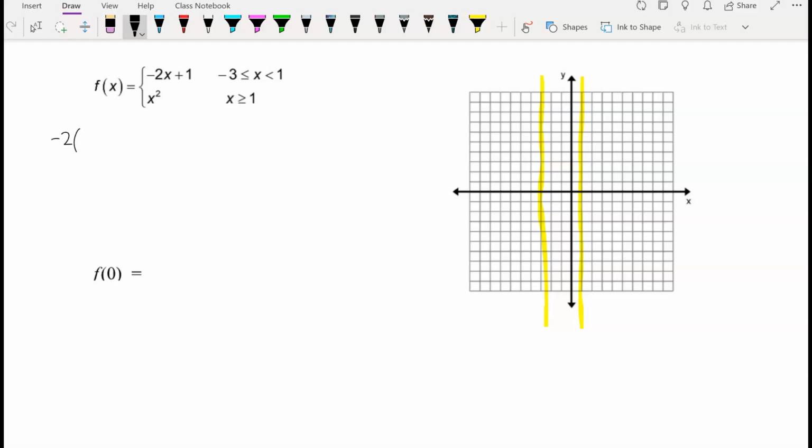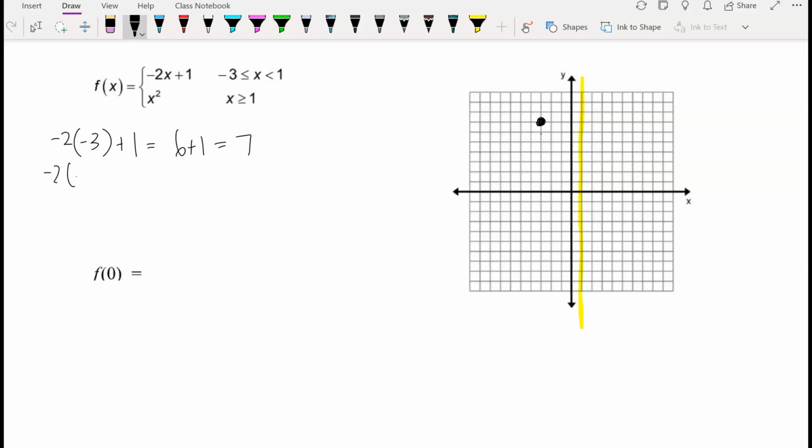So negative 2 times negative 3 is 6, plus 1, which is 7. So 2, 3, 4, 5, 6, 7. Oh, and then it's going to be an open circle because, or no, closed. It is equal to.